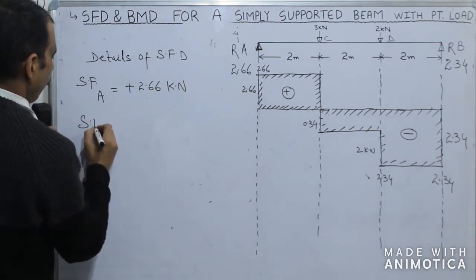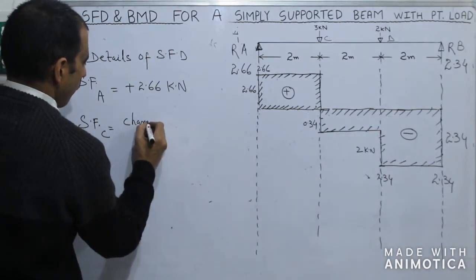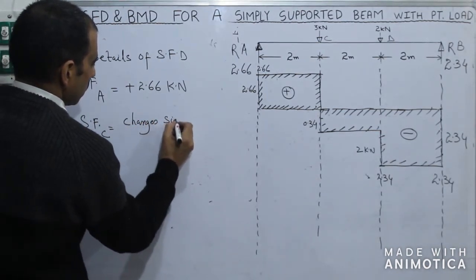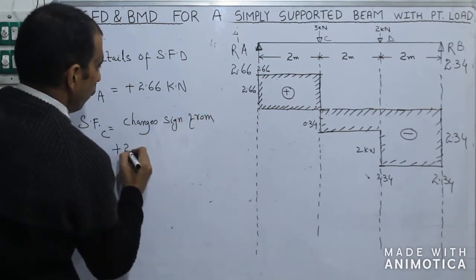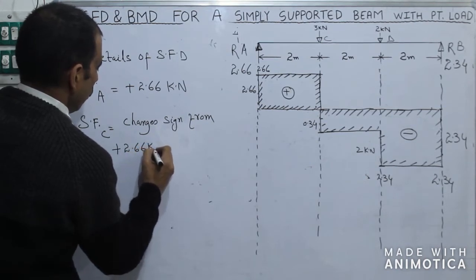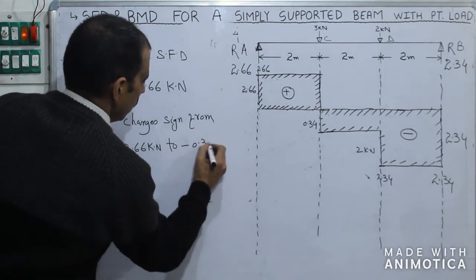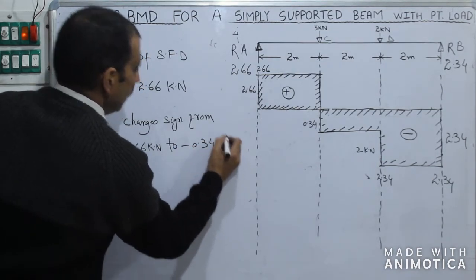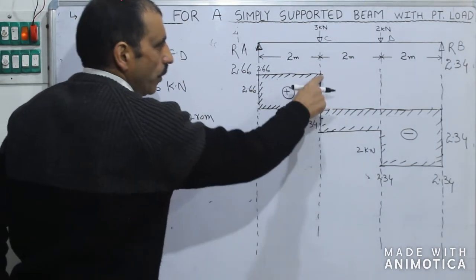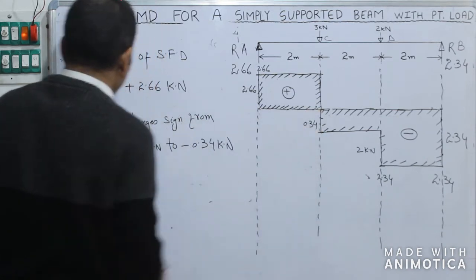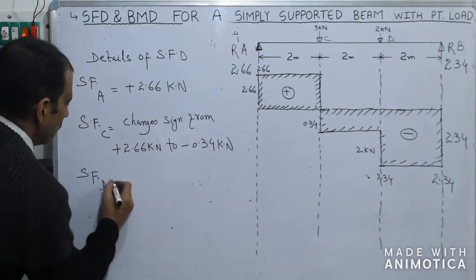Shear force at C changes sign from positive 2.66 kilonewton to negative 0.34 kilonewton. It changes sign from positive, here it is positive and here it is negative, from 2.66 to 0.34.